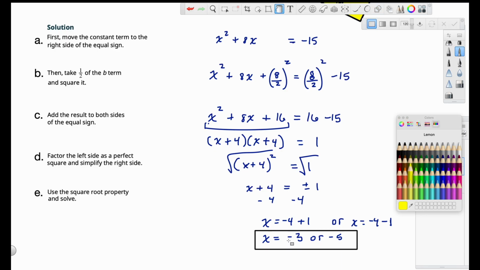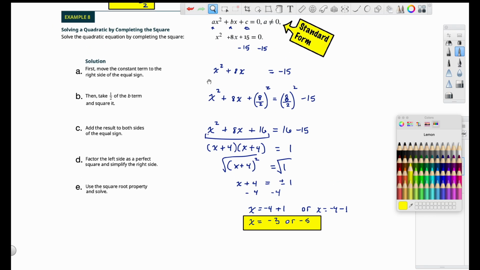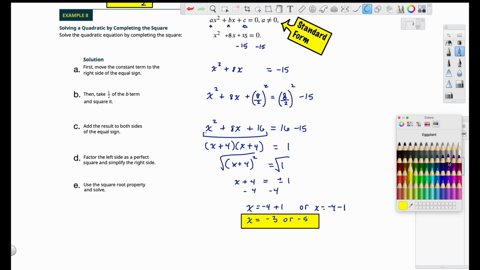Now, the problem I gave you in this example is easily factorable. I hope you see this, right? And we could have done another method, but I wanted to give you one that worked out a little bit more easily. I hope you see that this is just a simple, what are the factors of 15 that add to 8?